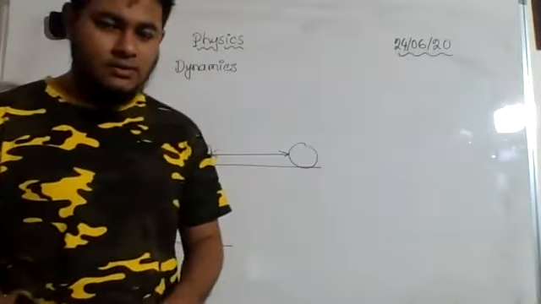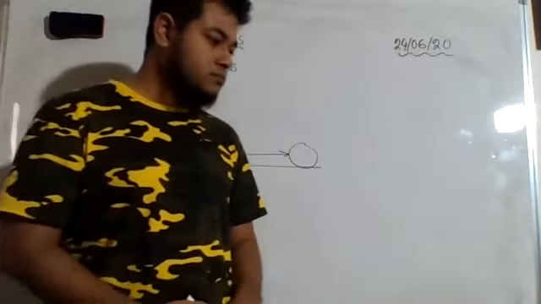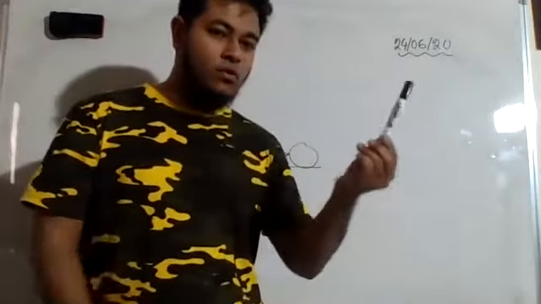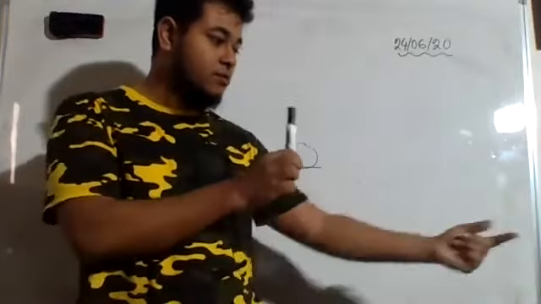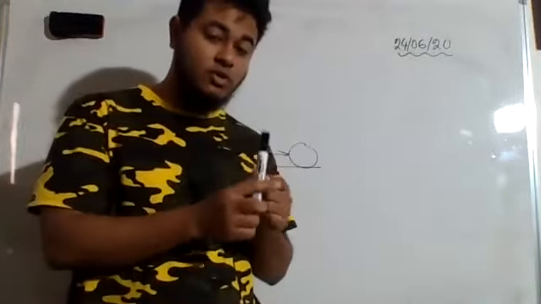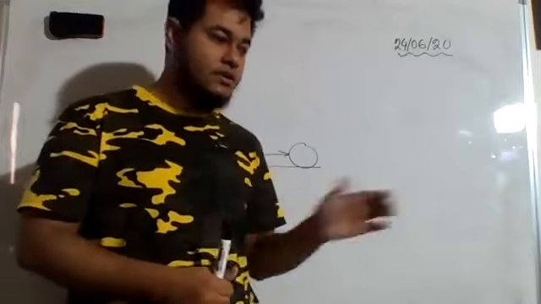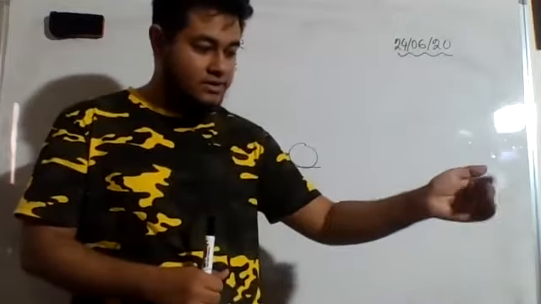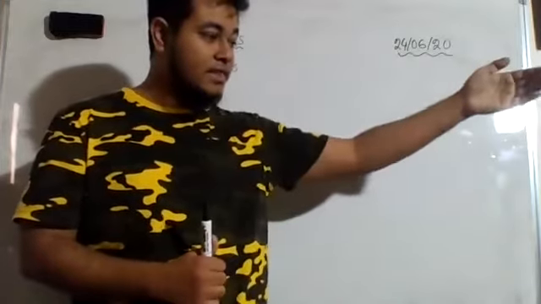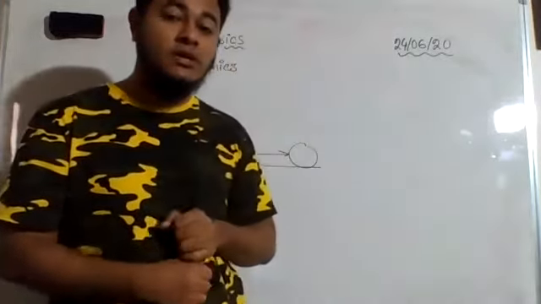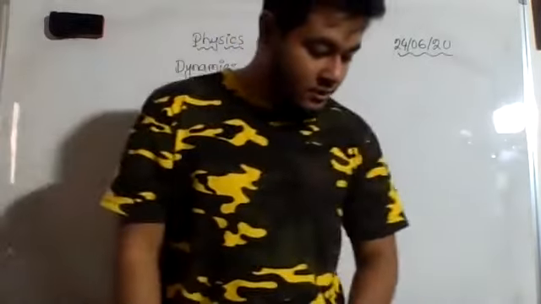Wherever you are standing, or if you hold this marker at this point, from that origin, if you want to come to this point, you will have to move along three axes, right? You have to move a certain distance along x, a certain distance along y, and then a certain distance along the z-axis.